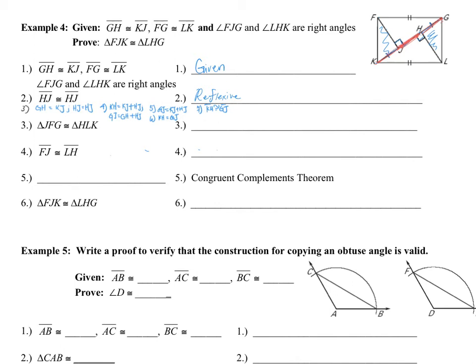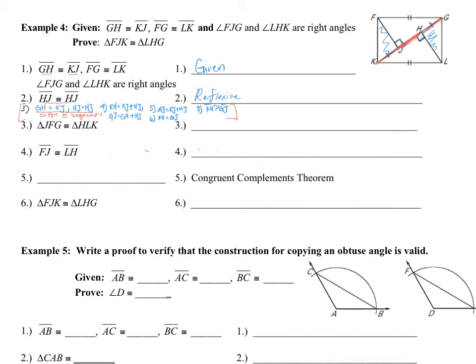So here I added these steps in here. So if I don't limit you and I really want a detailed proof, I do expect you to show all these steps. So for step 3, I stated that GH is equal to KJ and HJ is equal to HJ, and this would be by the definition of congruent segments.